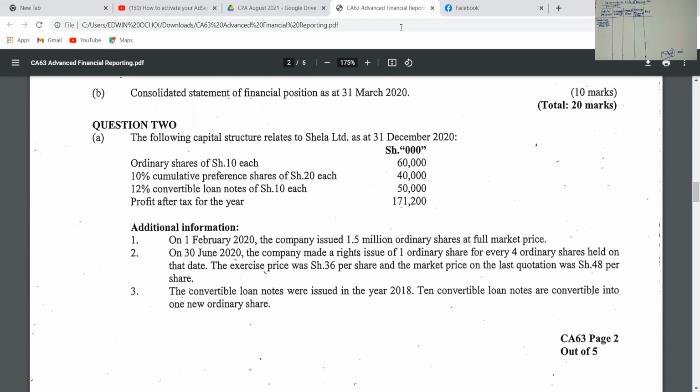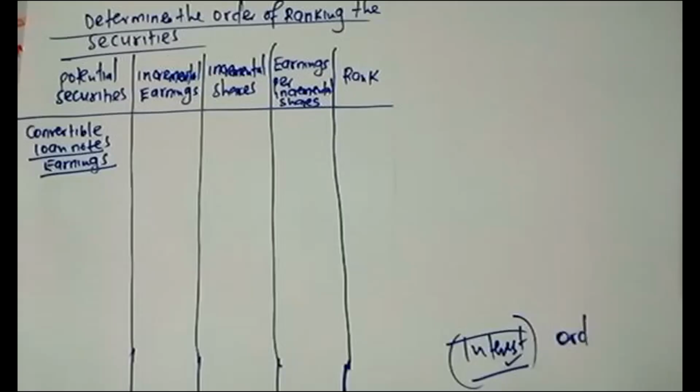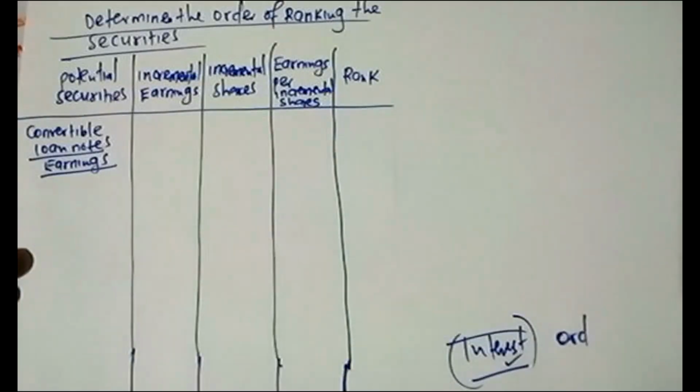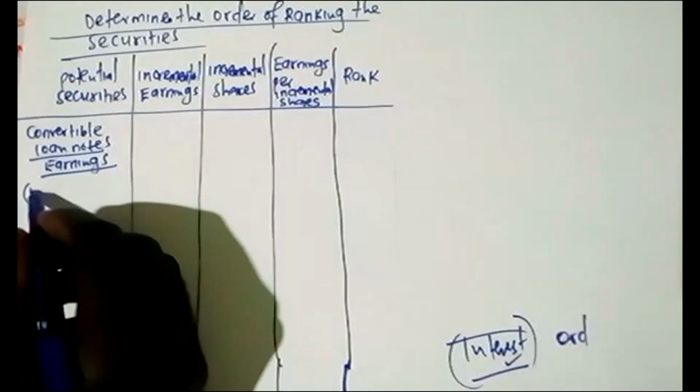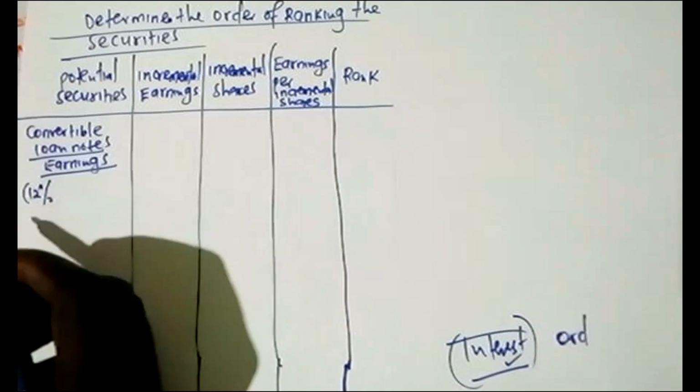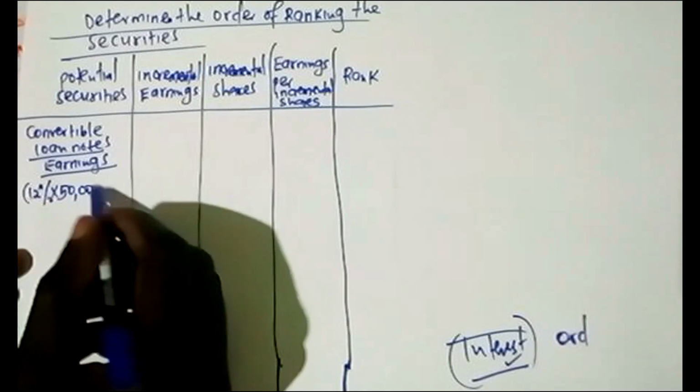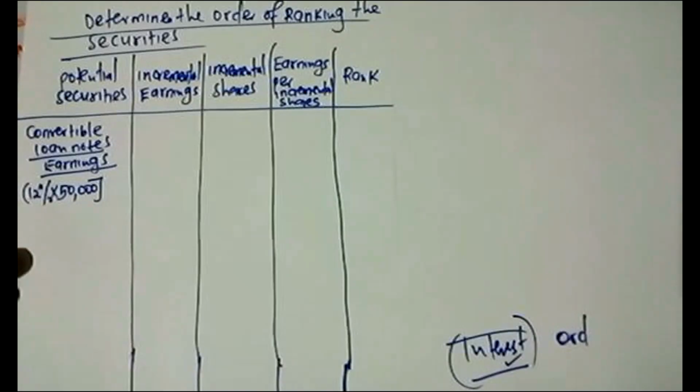So it was a 12% convertible loan note. Under earnings, remember that they were supposed to pay interest at 12%. You multiply with the value of the security, which they never paid, which means that they made a saving. That is why we have the earnings increasing.